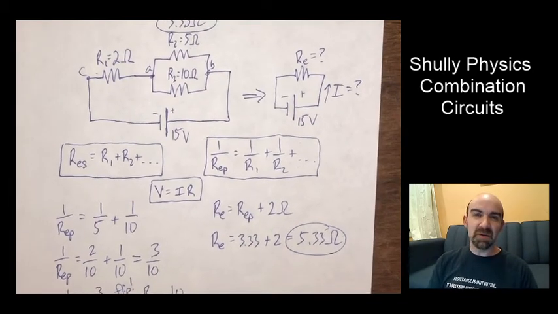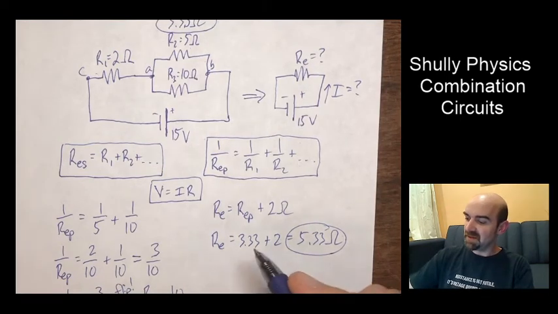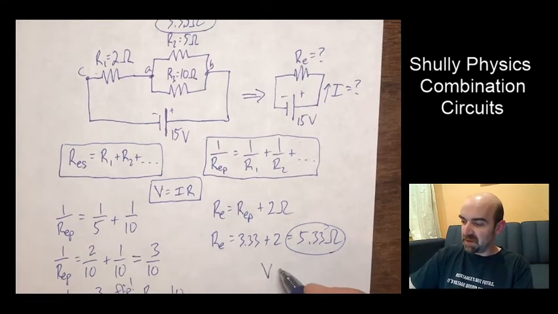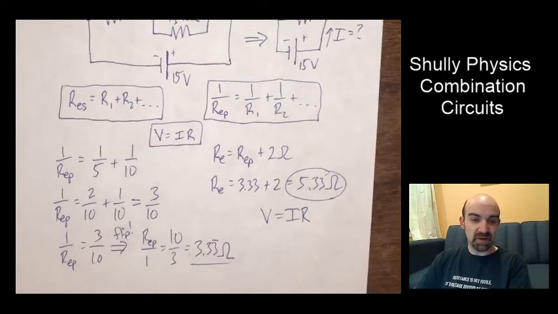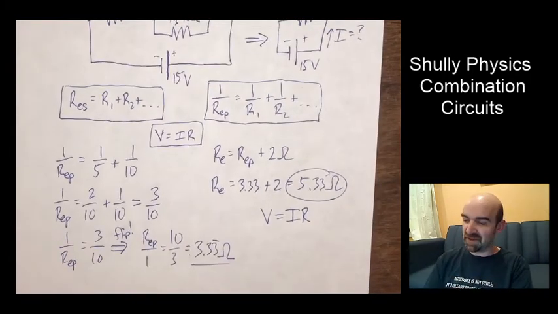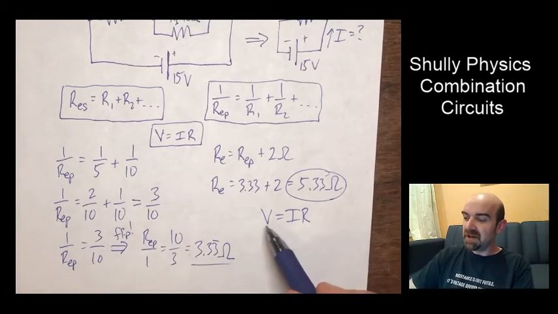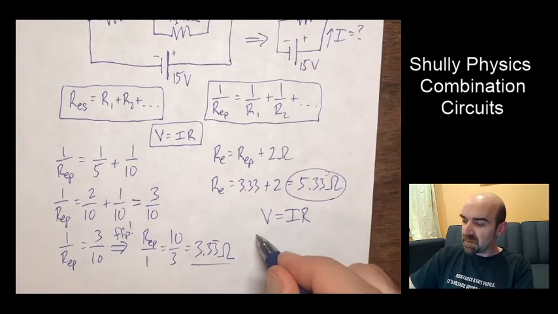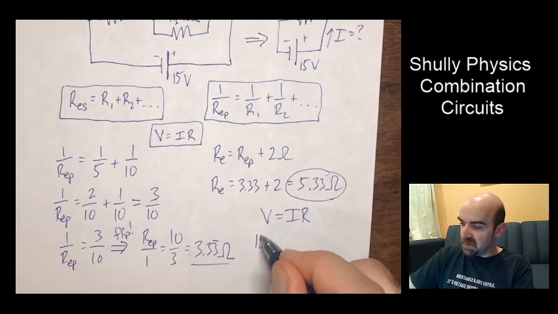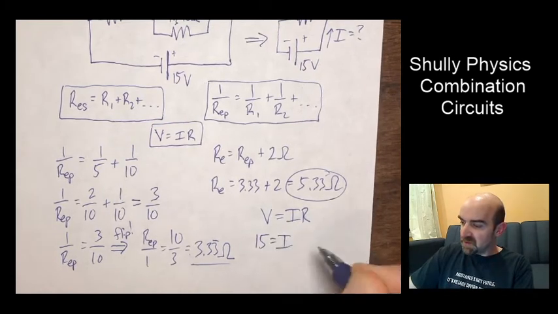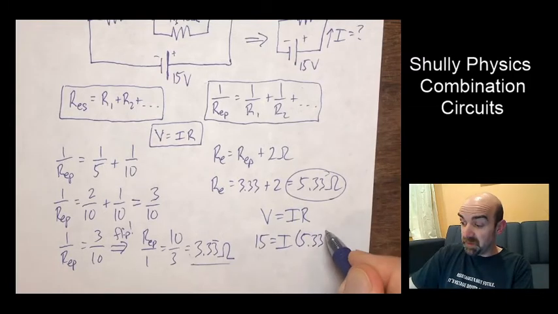Our second goal was to figure out what the current is going to be. Now this one's not going to be a nice easy number, because to find the current, we're going to plug it into V equals IR. It's easy to find, but just not easy to calculate in your head. Our voltage value is 15, and our R is 5.33 repeating.